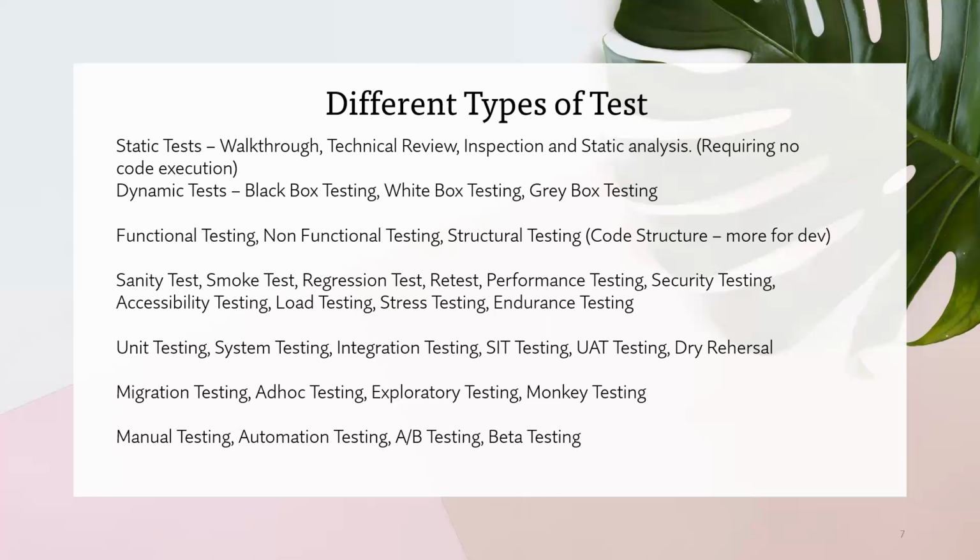So you do a kind of dry rehearsal where every team agrees, okay, we are deploying our code and we want it to be tested so that we don't find any surprises on production day. That's where a dry rehearsal usually happens. But it's a very rare case and it doesn't usually happen in all projects. They don't have that much budget to do that, so they usually skip it.